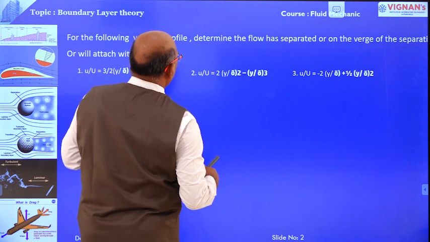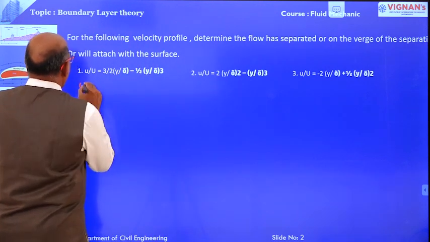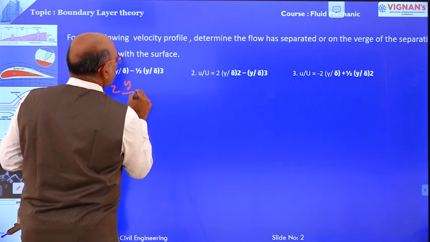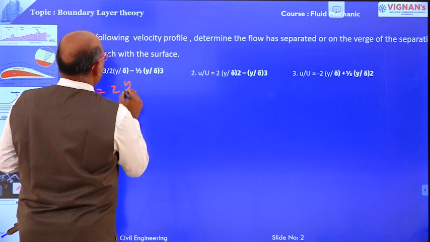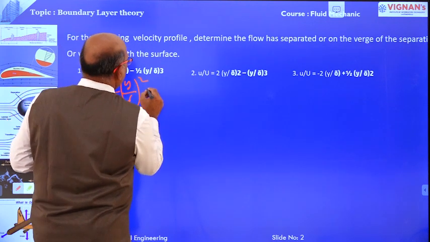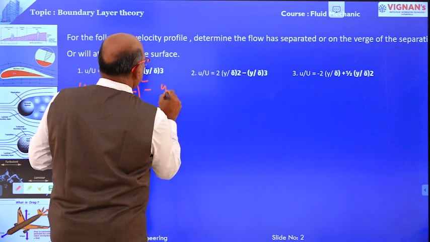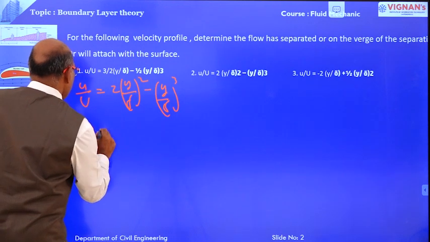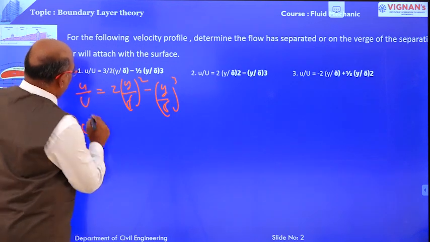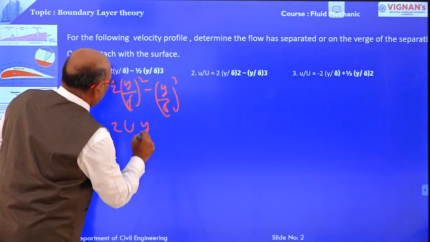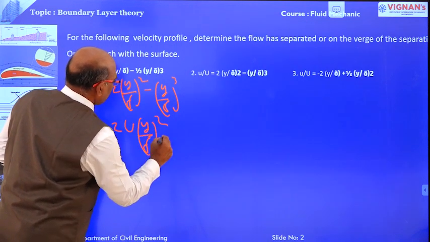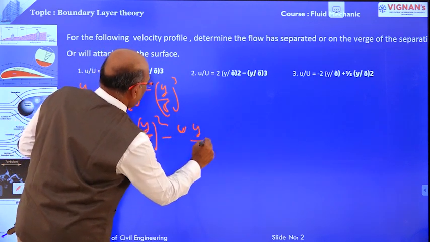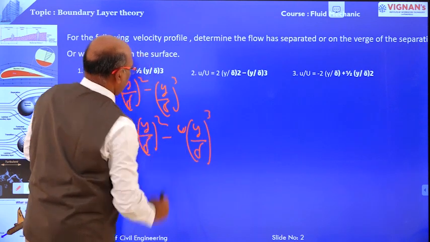Next one, this is another profile: small u by capital U equal to 2 into y by delta, minus y by delta whole cube. In the same way, small u equal to 2U y by delta square minus U y divided by delta cube.